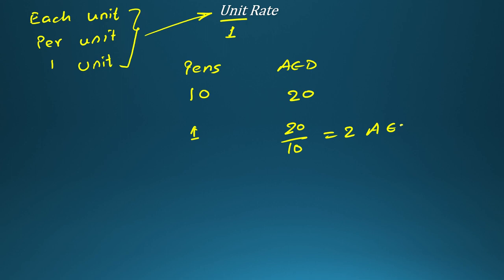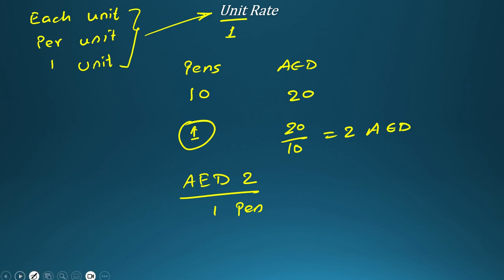So this 2 dirham is the unit price, means you will say AED 2 for 1 pen. That is called unit price or unit rate. This will be very helpful for you in solving all the questions where you first find for 1 unit and then you find for the required unit.